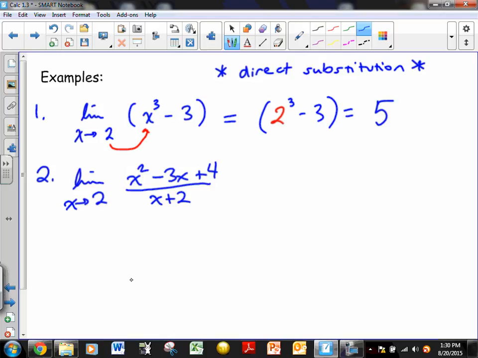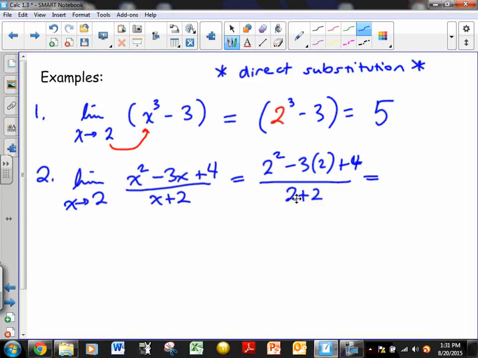Pause it, work that one on your own, try the direct substitution, see what you get. Okay, so if I directly substitute 2 in here, we should get 2 squared minus 3 times 2 plus 4 over 2 plus 2.